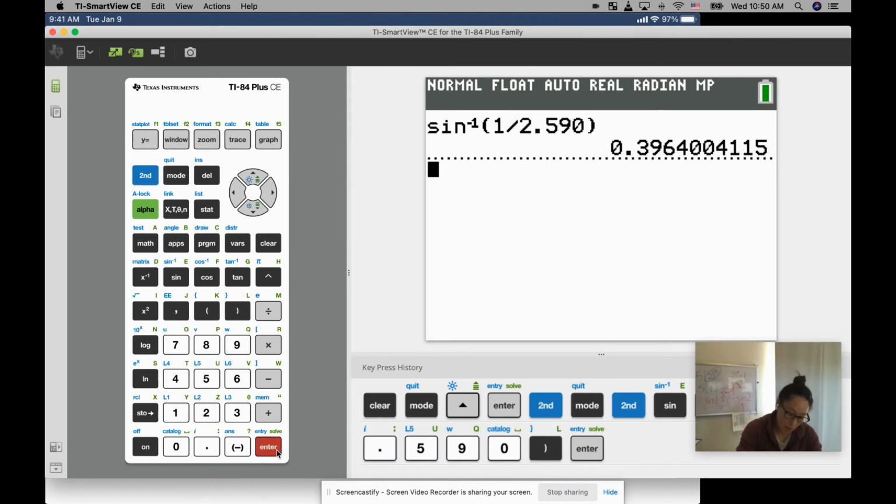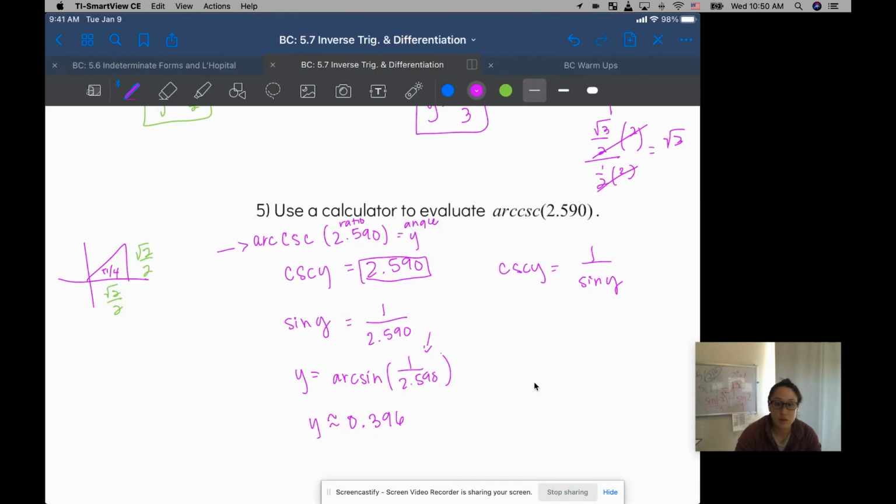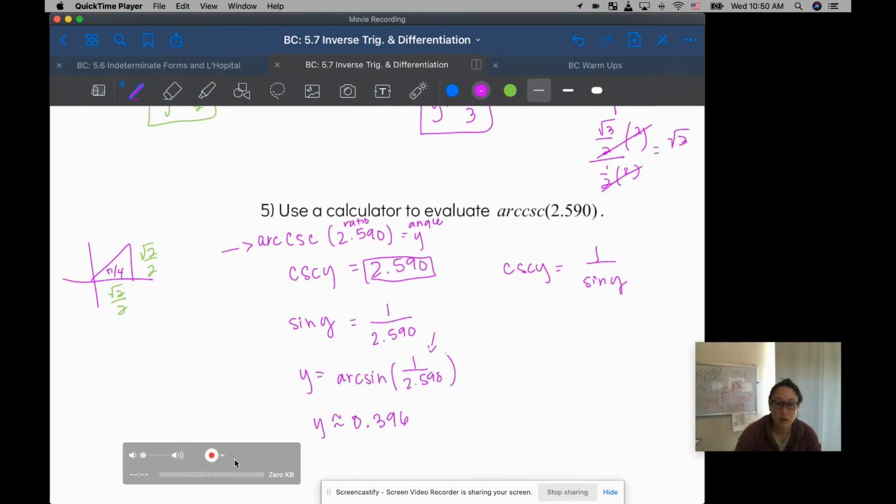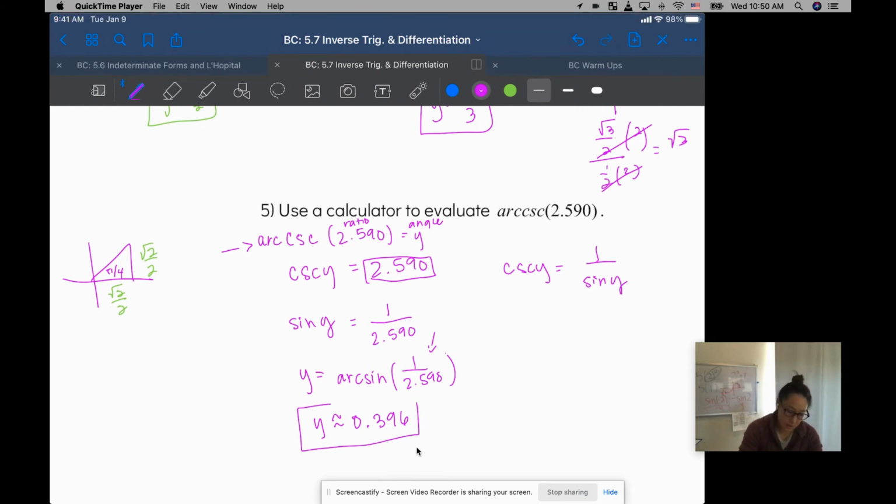Boom, bang. I get y is about equal to, to 3 decimals, 0.396. Rounded or truncated, same in this case.